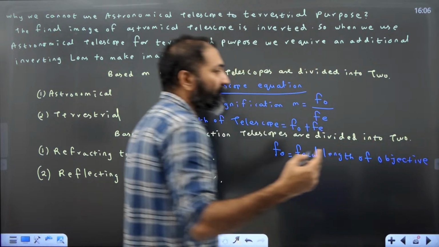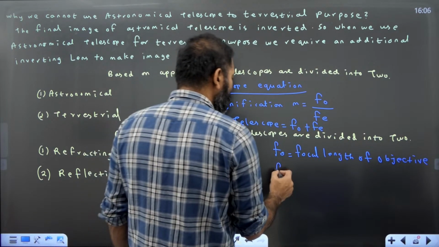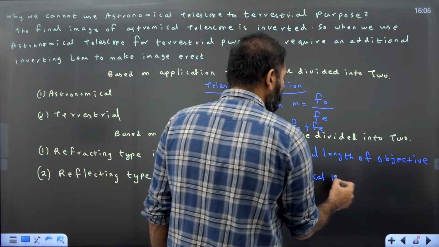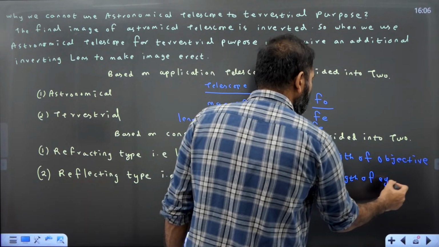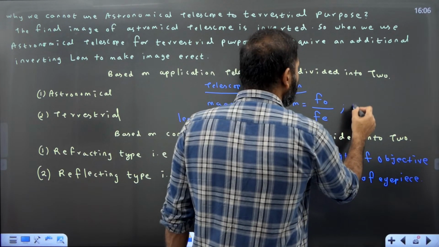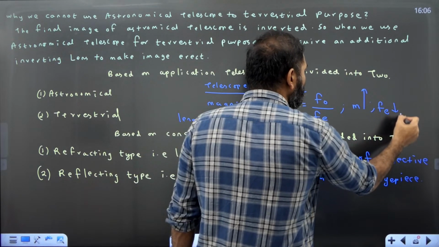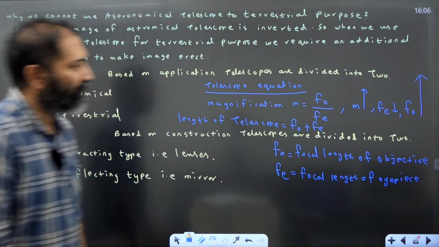Remember, objective lens is of large size, eyepiece is of small size. Now remember, in order to get maximum magnification, FE should be minimum, FO should be maximum. Any doubt?